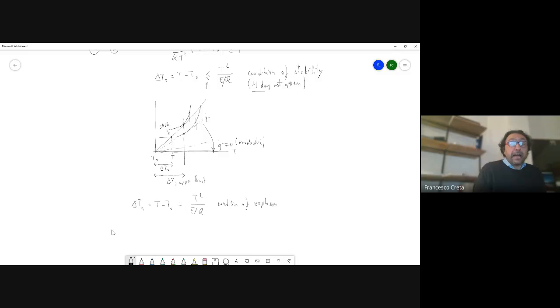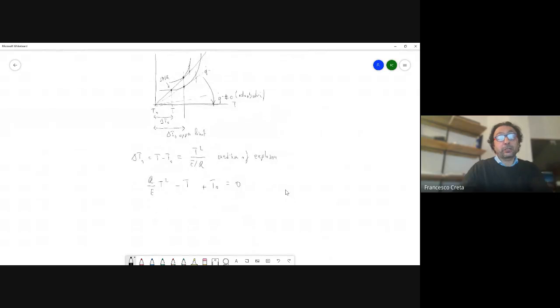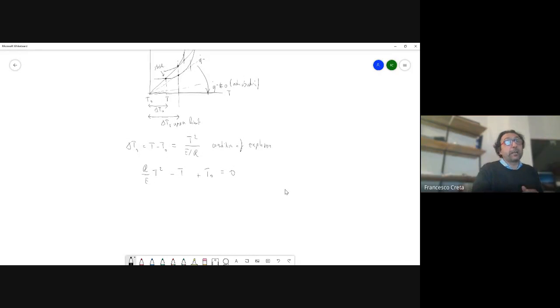Okay, so if you rearrange this, it would be something like R over E T squared minus T plus T0 is equal to 0. So what we're trying to understand now is what exactly is the explosion temperature. What temperature T of the gases do we need to bring the system to so that it explodes?